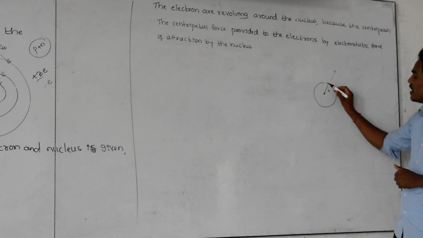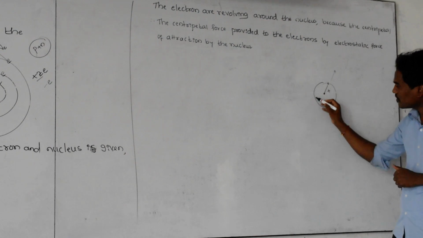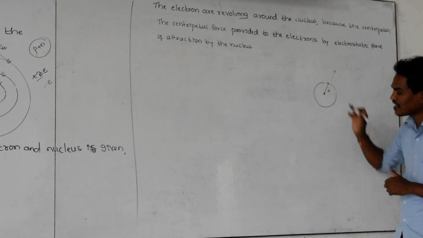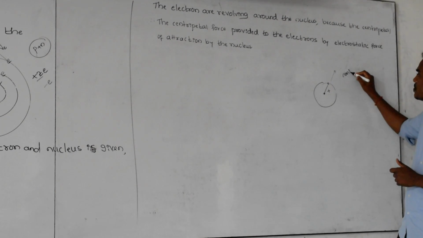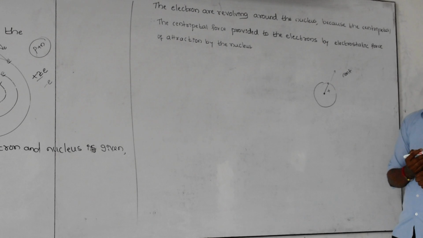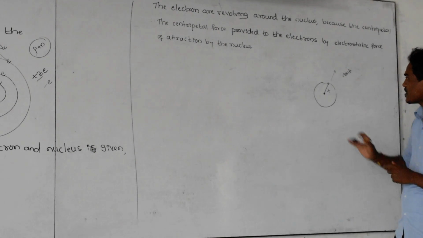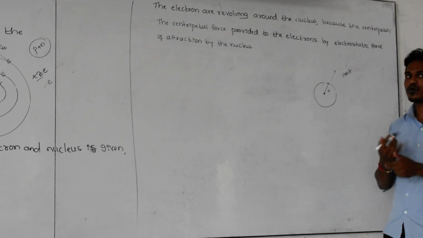But here the electron experiences a force only towards the center, so this is centripetal, because continuously there is a force acting on the electron towards the center. And who provides this centripetal force?